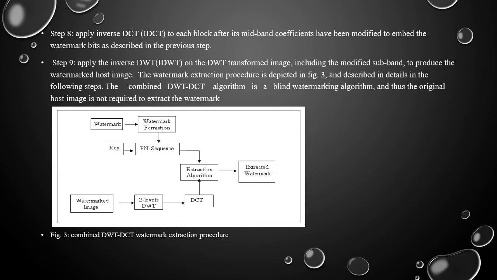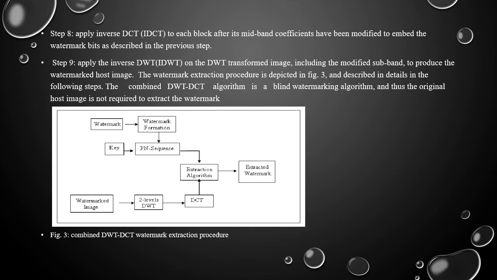The combined DWT DCT algorithm is also called a blind watermarking algorithm, because the original host image is not required to extract the watermark.